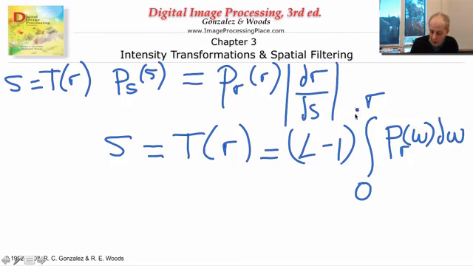So what am I doing here? I'm basically integrating the mass, the number of pixels that achieve a given gray value from 0 to R. And then I'm doing this because I'm using probability functions, so I'm normalized between 0 and 1, and I want to get back gray values.